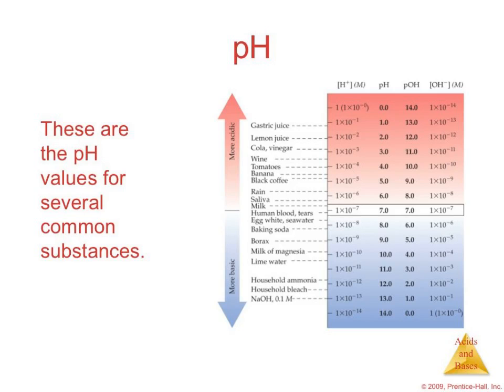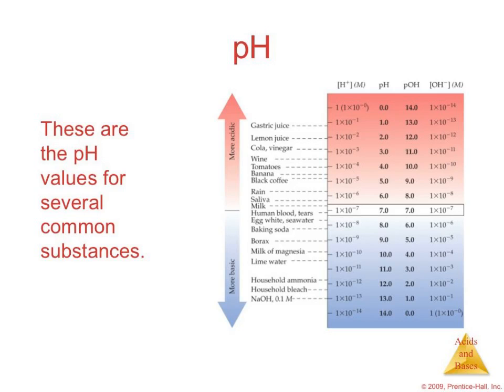Lemon juice is up there, cola, soda, wine, tomatoes, bananas, black coffee, even rain, just normal rain is a little bit acidic. Saliva is acidic, kind of makes sense, to break down our food. Milk is acidic, just barely. Human blood and human tears fall just barely on the basic side of things, just a little bit below the 1 times 10 to the negative 7th.